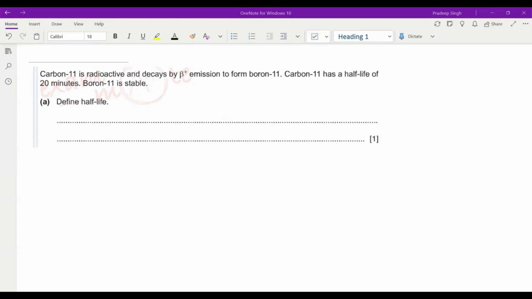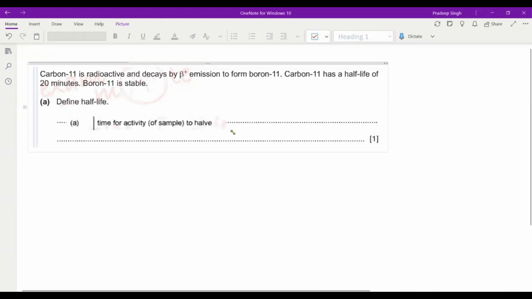What's the answer, Thiru? Time taken for activity of a nucleus to fall to half of its original value. Correct. So have a look at this official solution.